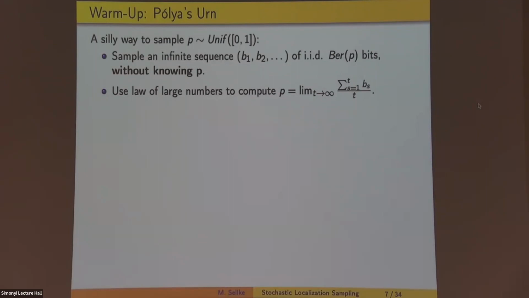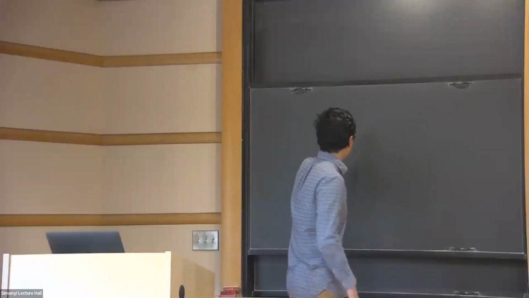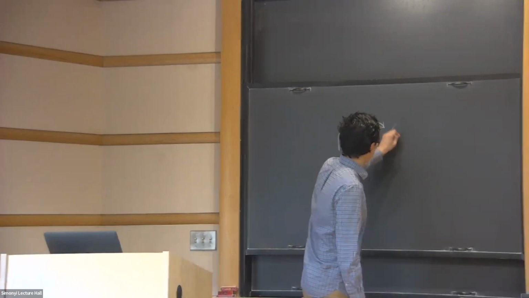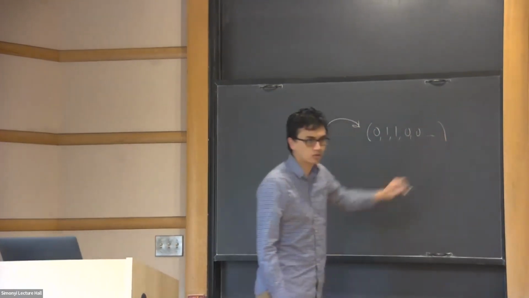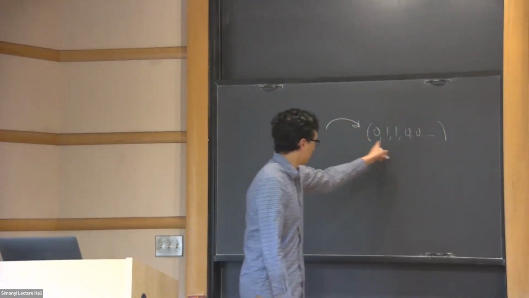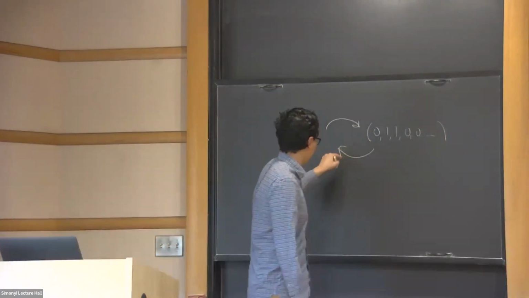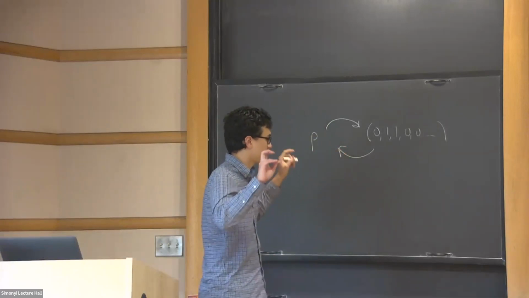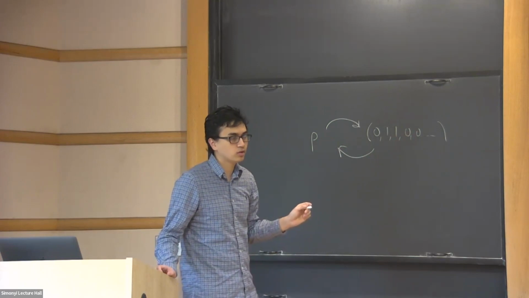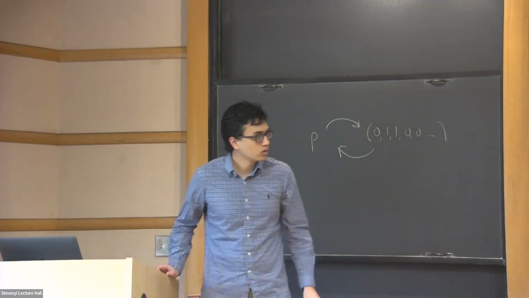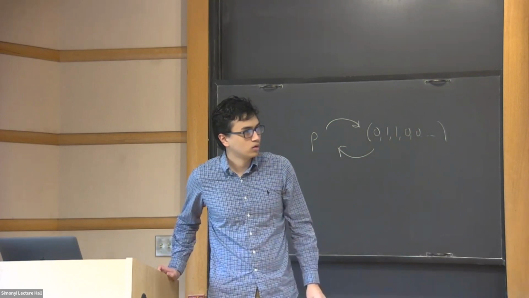So there's kind of an error going both ways. If I choose a uniformly random P or a P from any other distribution, I get a law on sequences, right? Yes. Also, if I have a sequence, I can recover P almost deterministically by just using the law of large numbers. The question was whether the distribution of B1, B2, and so on is averaged over P.